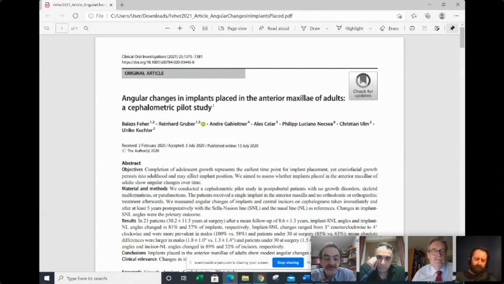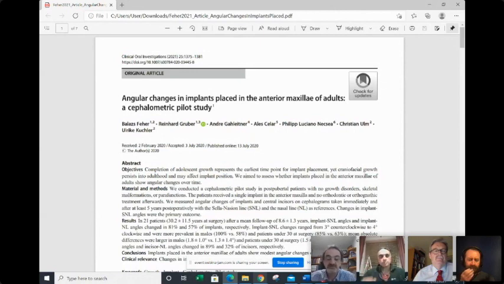Although it's a pilot study, it's a nice design, and it's an important point, because there is a fair bit of data on the fact that implants ankylose, don't they, like teeth. Because of that, as facial growth carries on during adolescence or early adulthood, the implant stays where it is, and the rest of the teeth can move down and grow beyond it.